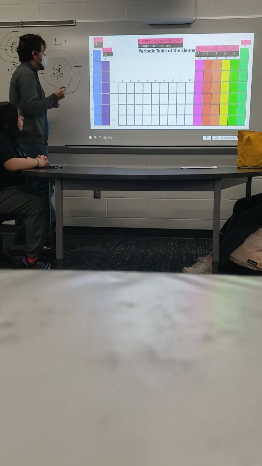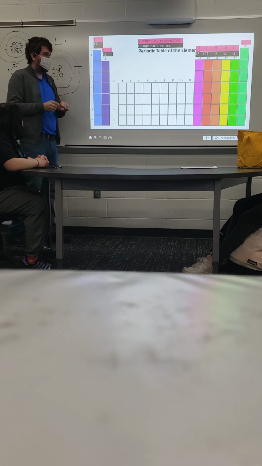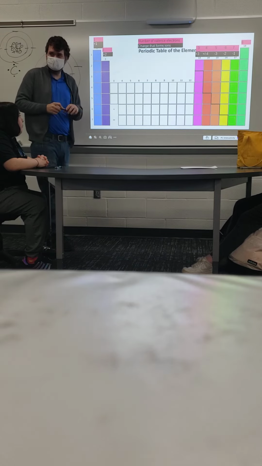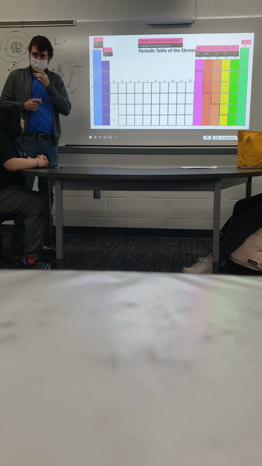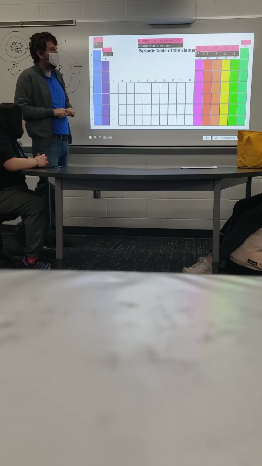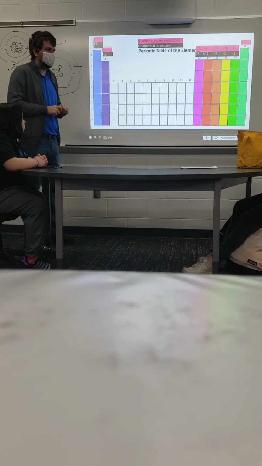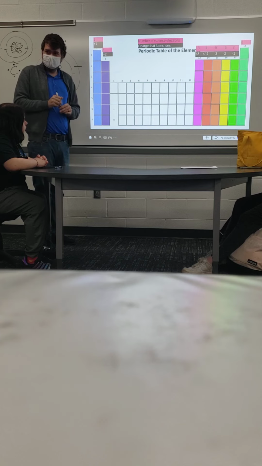So how many valence electrons should I draw when I draw the Lewis dot structure? 1. That's right. TJ, can you think of any other elements other than hydrogen that you know where they're at on the periodic table? Helium. Helium, where's it at? I should not have highlighted that one green because it is the only one that is an exception to this rule, because it does not have 8 valence electrons.